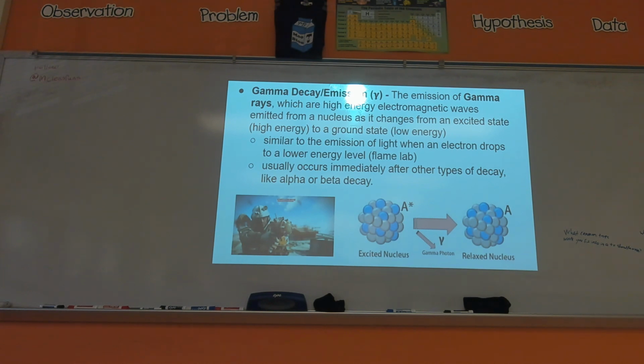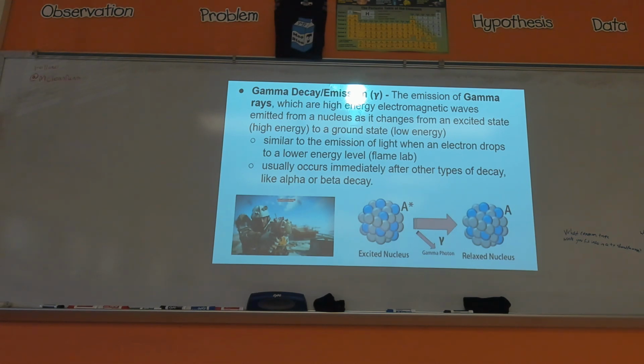And the idea why this is a good weapon in some futuristic video games is because a gamma particle is a really, really high energy particle. It's even more deadly than a beta particle. So if you get hit with a gamma ray, that's going to hurt a lot more than a beta particle.